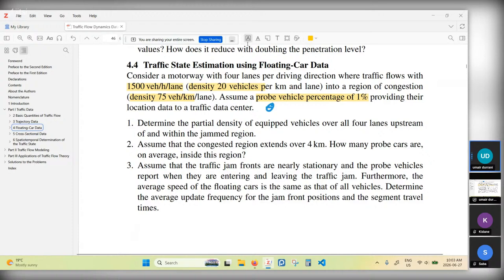So that will be 20 divided by 100. That will give us a partial density in the uncongested region. Similarly, for 75 vehicles per kilometer per lane, it would be 75 divided by 100 because we are multiplying it with 1%. That will give us a partial density. So let's see what the solution says.